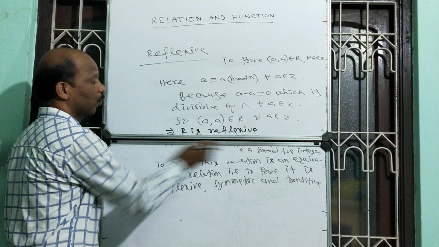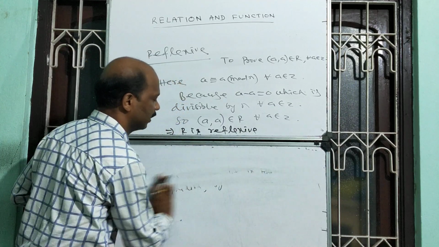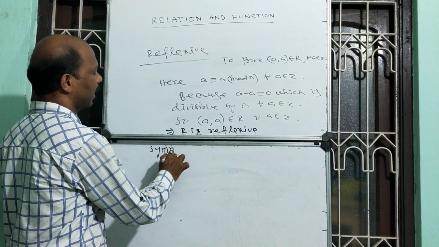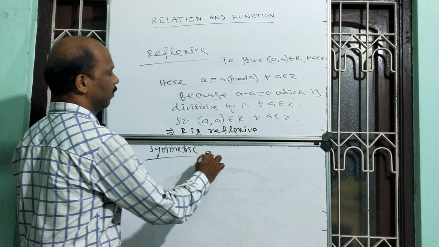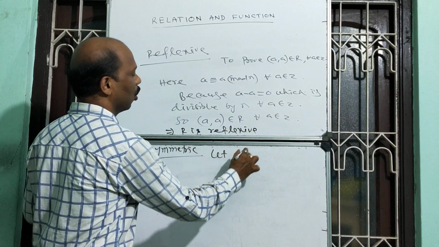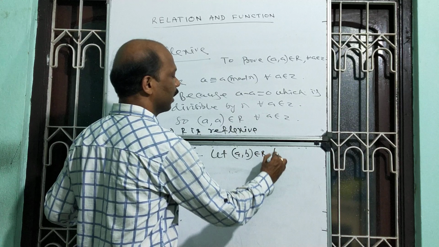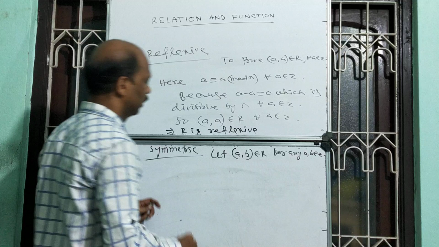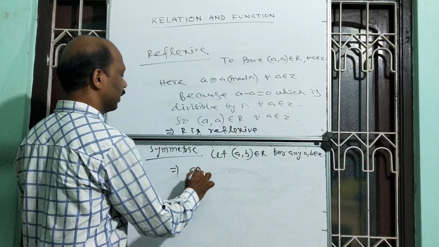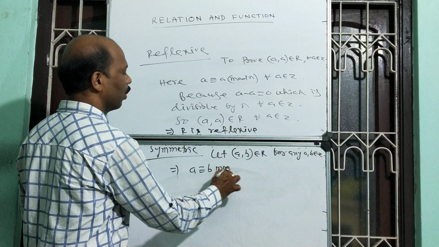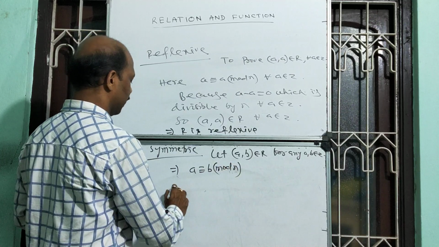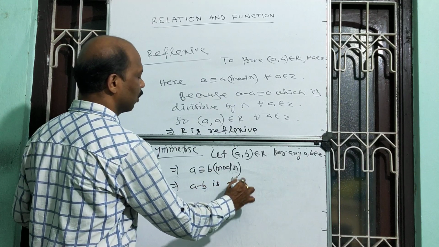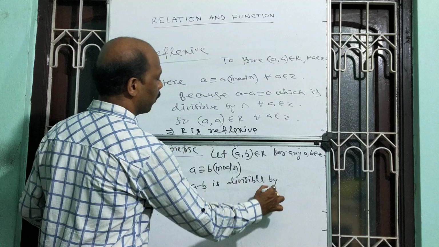Next, we have to prove that it is symmetric and transitive. Symmetric and transitive are conditional relations. That means let (a, b) belong to R for any a, b belongs to Z. That implies a is congruent to b modulo n. That implies a minus b is divisible by n.